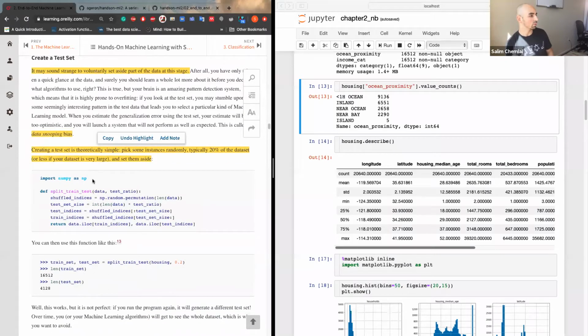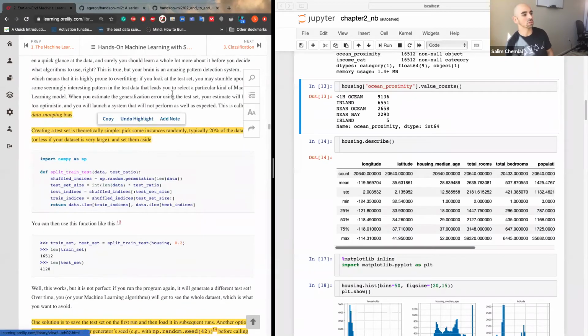Okay, so how do we do this? Usually we are familiar with the 80/20 split. Later on we'll talk about how you'll often hear that there is a training set, a validation set, and a test set. For now, we're just thinking there is a training set and a test set.